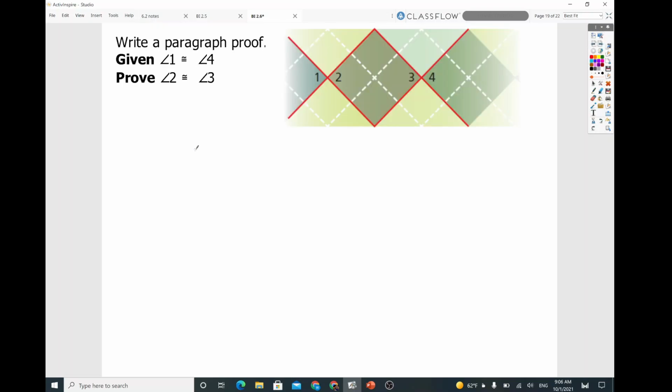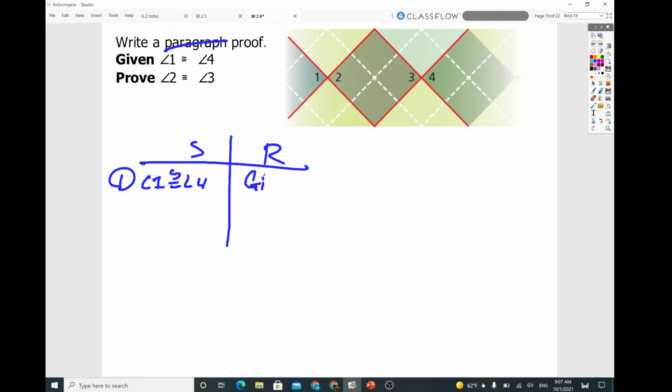So here's the proof. Instead of doing the paragraph proof, let's do the two-column proof. Statement and reason. We start off with the given: angle 1 is congruent to angle 4. So that's given. The other thing that we notice here is angle 1 is the same as angle 2, using the definition of vertical angles.